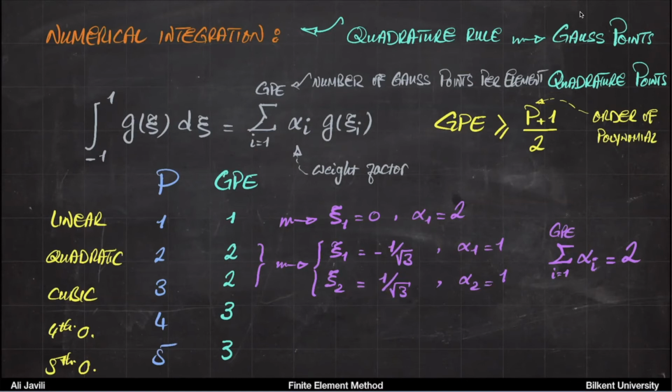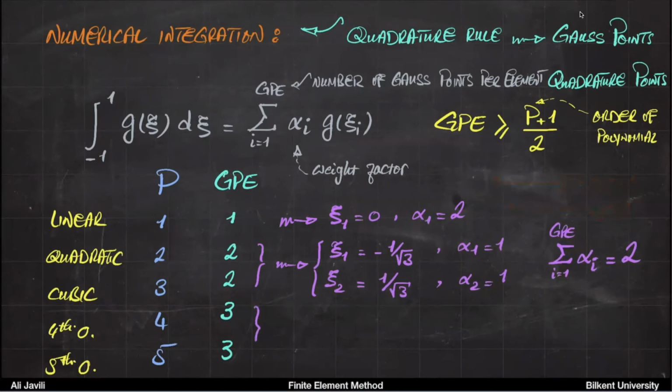So it basically tells you if you have a domain of the length 2, how much weighting would you put on which point? If you have only one point here, all the weight, all of the 2, comes to that 1 point. If you have 2 points, it's shared half and half. You will see now that if you have 3 points, the point in the middle gets more than the other two.